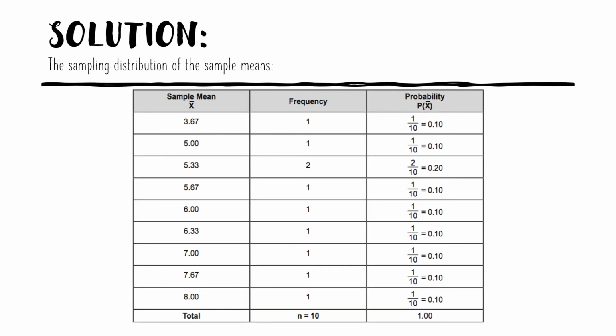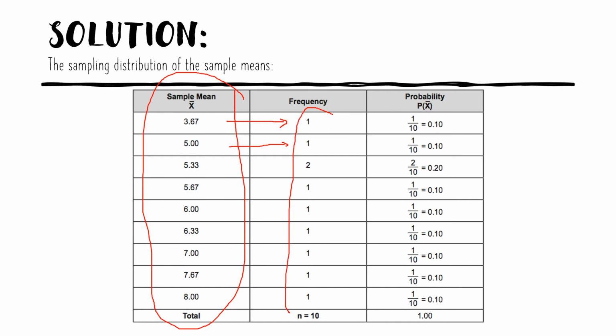So as a part of the continuation of our solution, we're asked to construct the sampling distribution of the sample means. In your first column, this will be your sample mean from our computed value in the previous slide. Now, what will be the frequency that we can assign to each sample mean from our first column? That will be your second column.